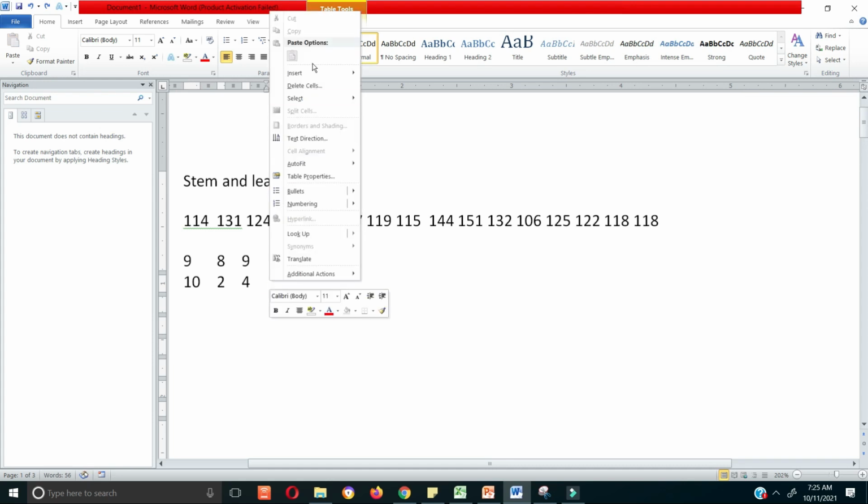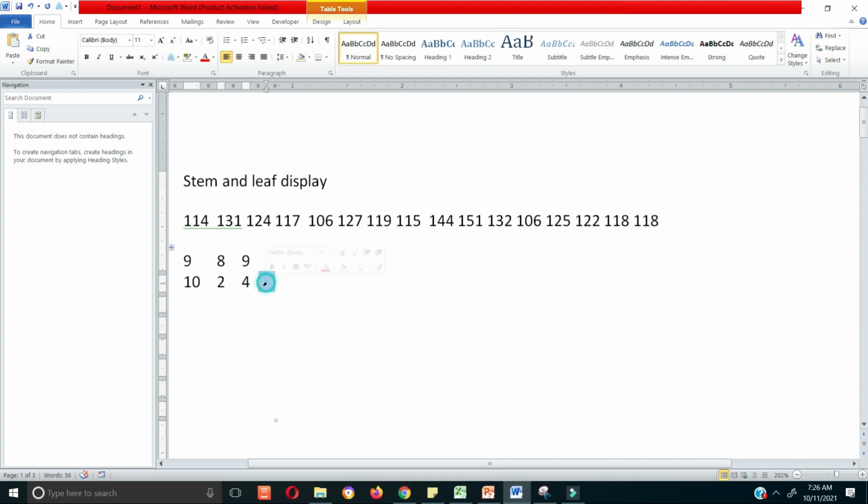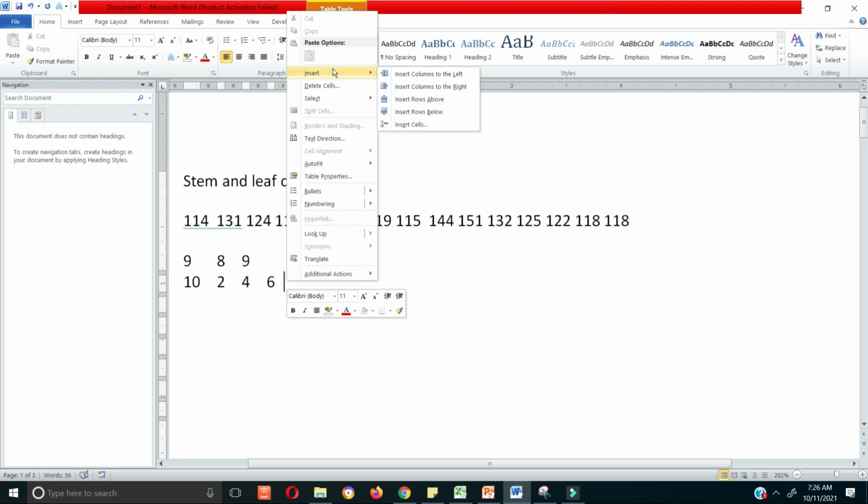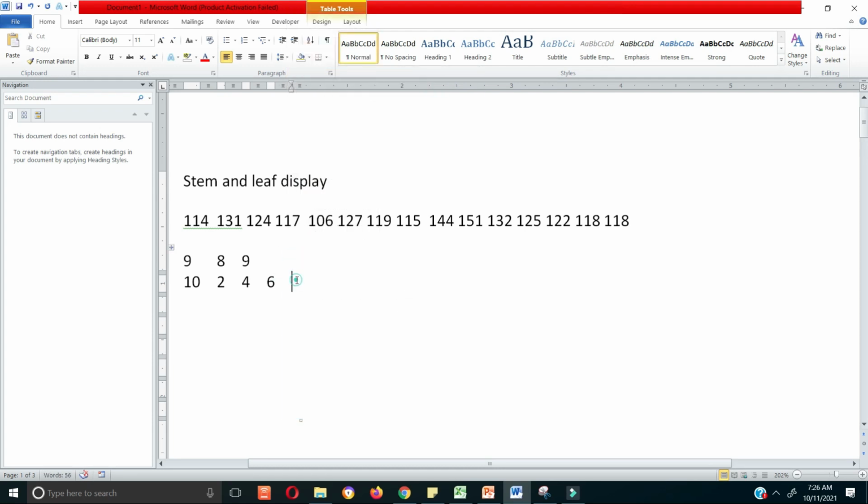I need another column, it seems. Let's get rid of it. We still have a 106 here. So those are the 100s.